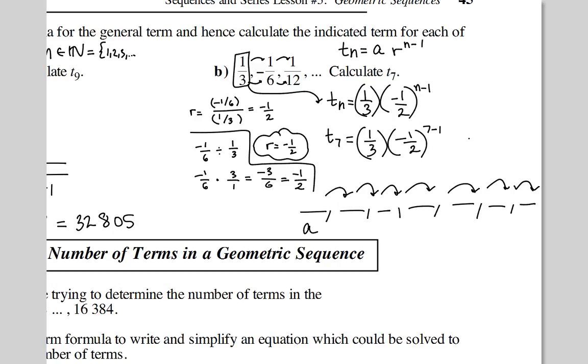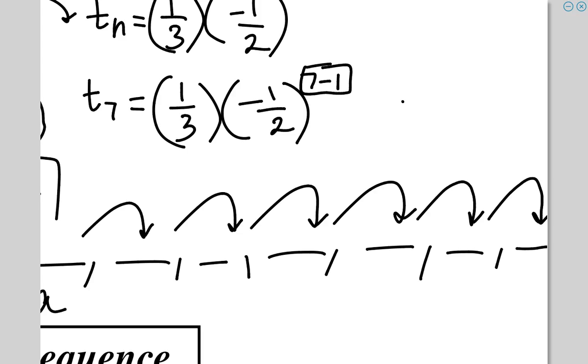Uh-oh, I drew too many. Let's just erase this and make it neat. 1, 2, 3, 4, 5, and 6 multiplications of R, right? That's what this says. So what's 1/3 times negative 1/2 to the 6th?